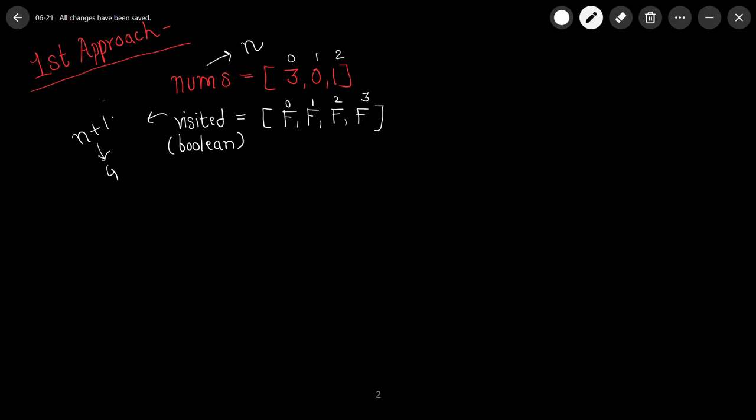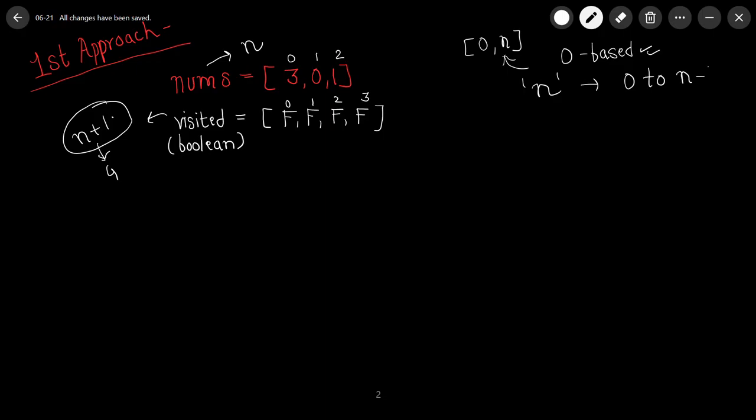And we made the array of size n plus 1 and not n because in the question it stated the range will be 0 to n inclusive. But we know indexing is 0 based in Java. So if we just go on with making an n sized array, the indexes would be from 0 to n minus 1.